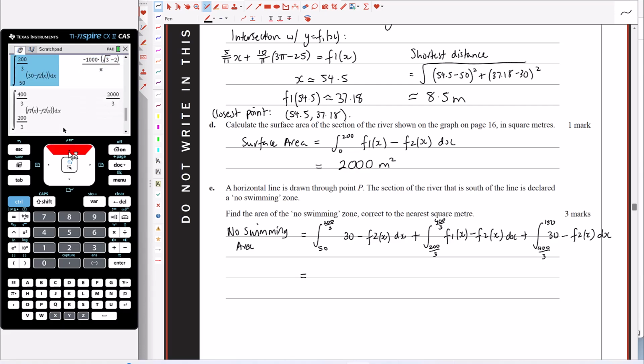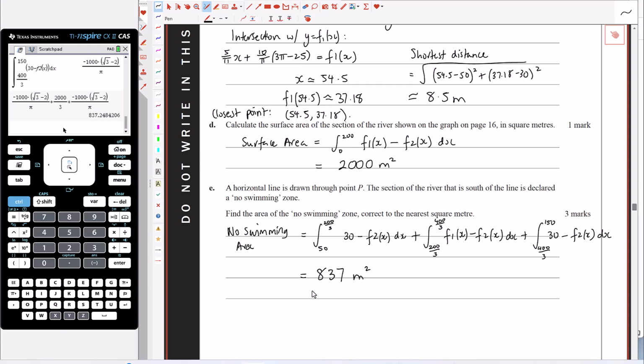Okay, so we need to add those three things up. So we're going to have that amount plus that amount plus that amount. Control Enter, and that is going to be 837 meters squared to the nearest square meter.